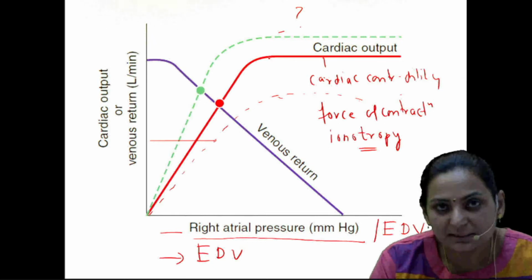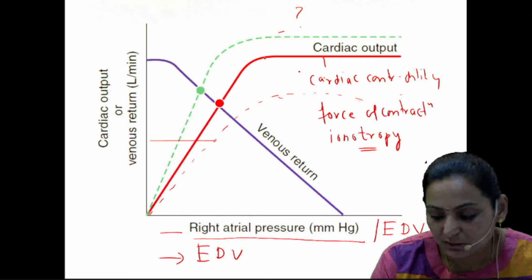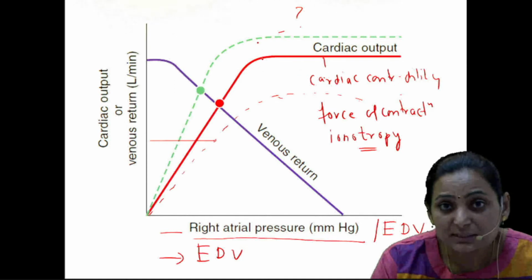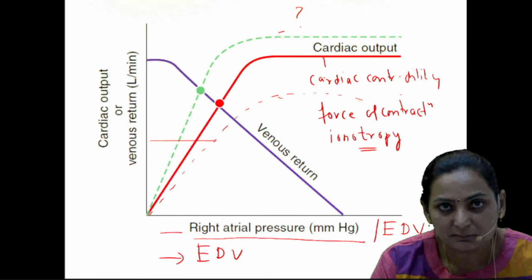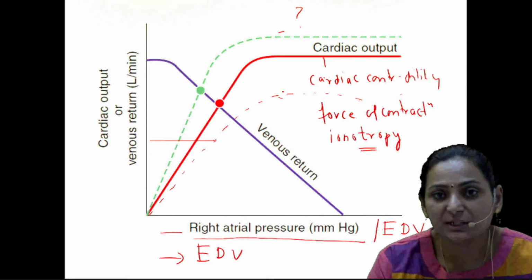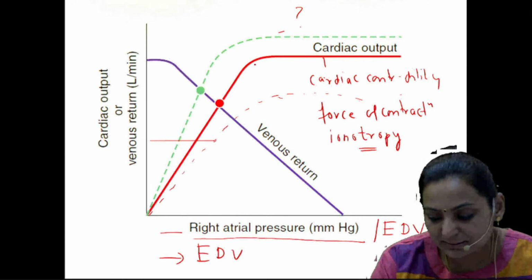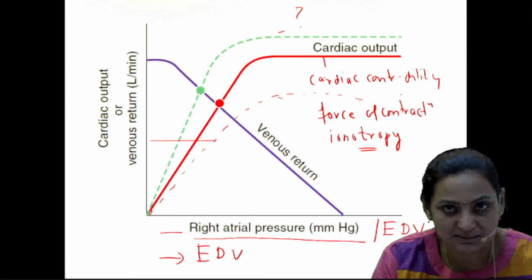So this one is indicating the force of cardiac contraction going up, and when cardiac contraction is decreased, the graph comes down. Clear? Yes. So change in the cardiac output because of change in inotropy, that means change in force of contraction, is the graph which is starting from the x-axis.